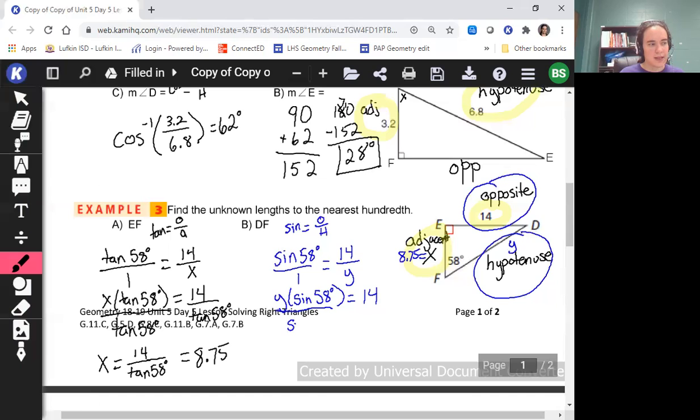Then we're going to divide by sine of 58 degrees. And that gives us Y equals 14 divided by sine of 58 degrees. And we're going to put that in our calculator. 14 divided by sine of 58 degrees.